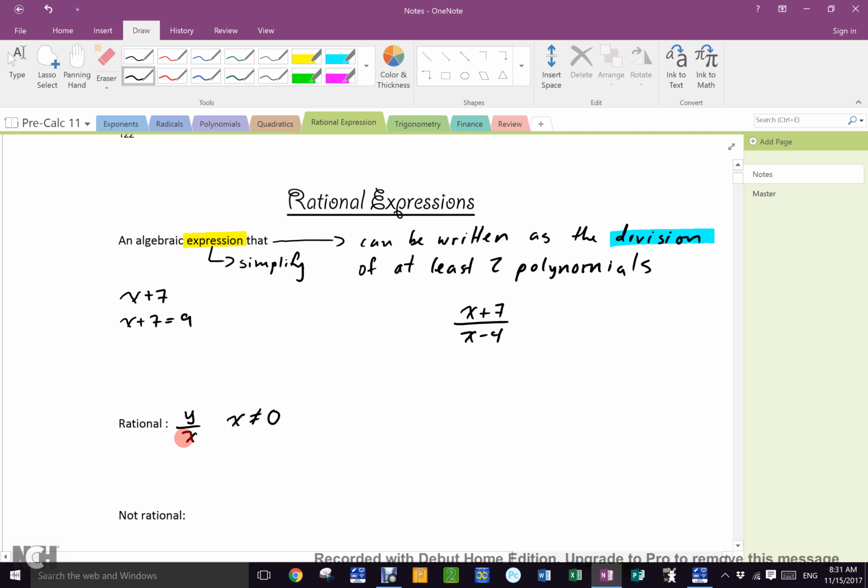X can't be 0. But in a rational expression, the denominator changes, doesn't it? It's not one single thing. So this is a rational number, but in a rational expression, the denominator can never, please highlight, underline, do something to the word never, equal 0.